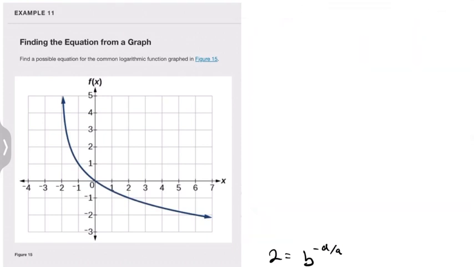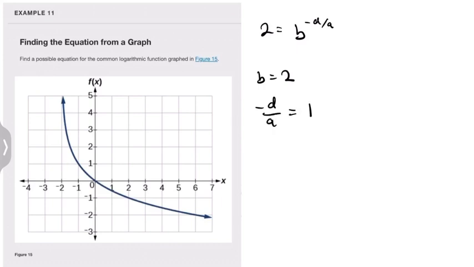So if we're using this, we can say that b is 2, and then negative d over a equals 1, which is the power on the 2. I don't know if that helps us at all. But from here, we're getting d equals negative a. Let me think. But maybe we can use that b equals 2.